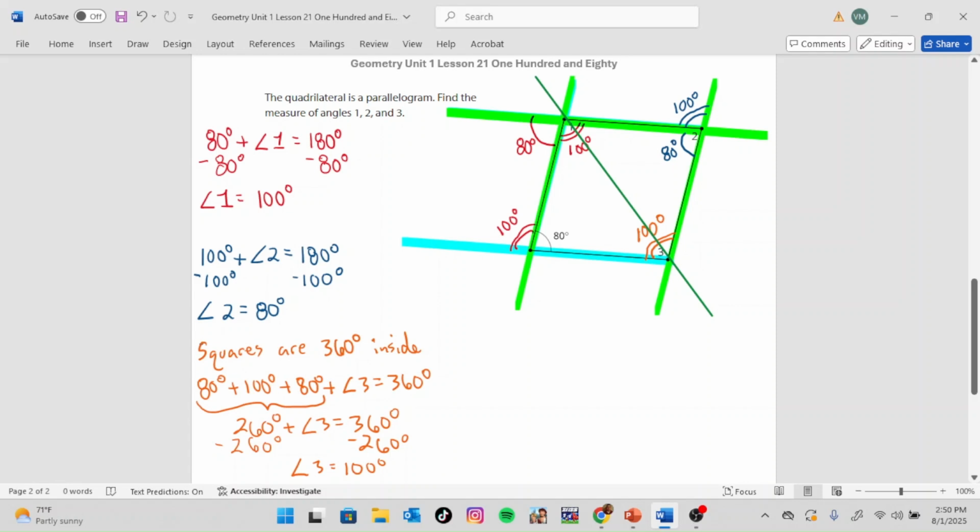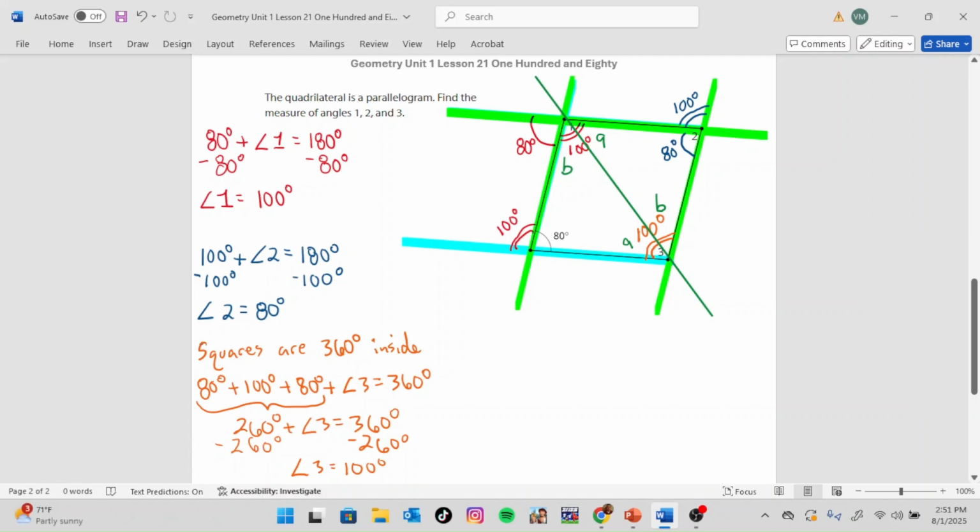What we can do is label this angle as A and this angle as B, and because these are parallel lines cut by the green line transversal, then opposite interior angles are going to be the same. So if this angle at the top is A, then this angle at the bottom is A. And if this angle in the top left is B, then the opposite interior angle is also B.